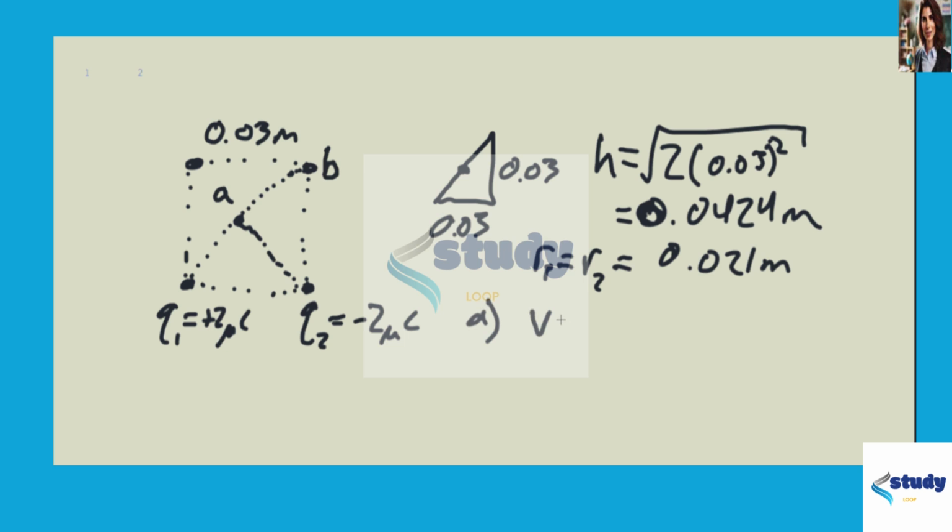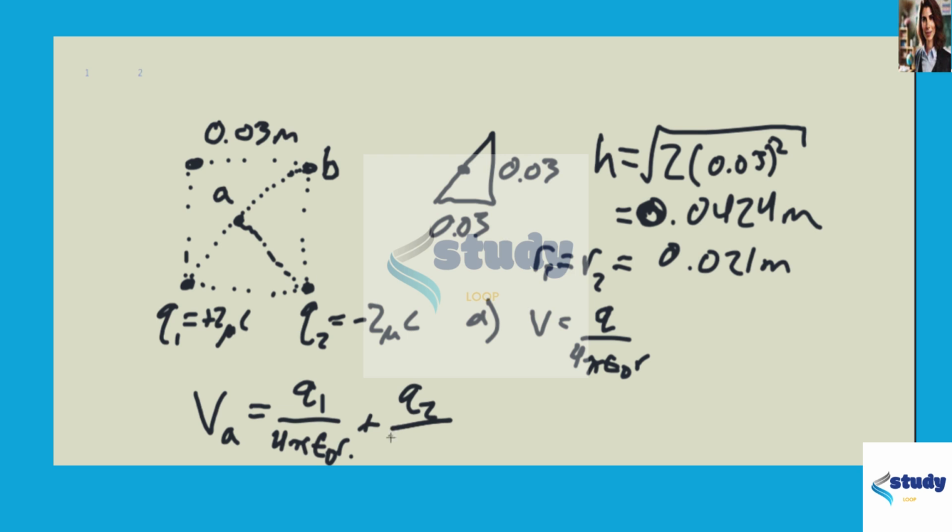Okay? So now that we have this, in part A, the book is asking us to find the voltage. So remember, the voltage for a point charge is simply Q over 4 pi epsilon naught r. And then you must add up the voltages from every charge. So if we're trying to find the voltage at point A, we need to find the voltage at A due to Q1 plus the voltage at A due to Q2. So we can do that. The voltage at A will be equal to Q1 over 4 pi epsilon naught R1 plus Q2 over 4 pi epsilon naught R2.